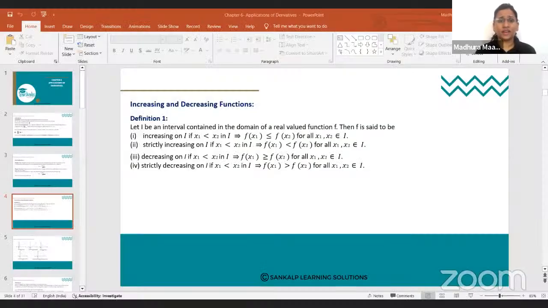In the last class, we started with increasing and decreasing functions. We saw when a function will be increasing, decreasing, or neither increasing nor decreasing, and the conditions for that. This is the first definition, which with the graph gives you a clear idea.